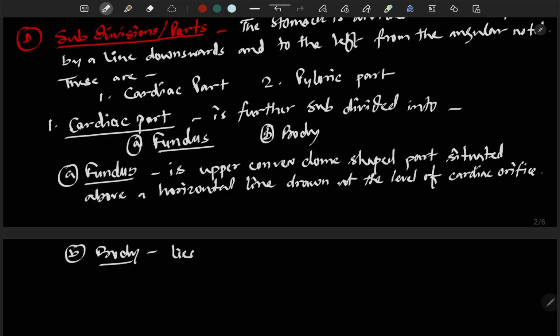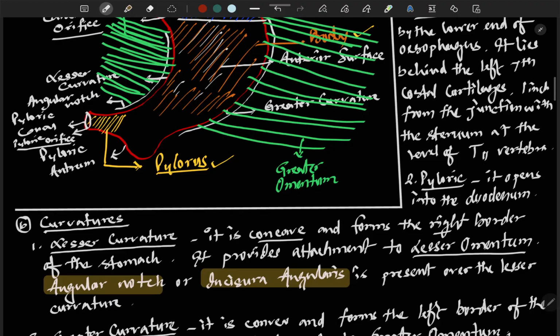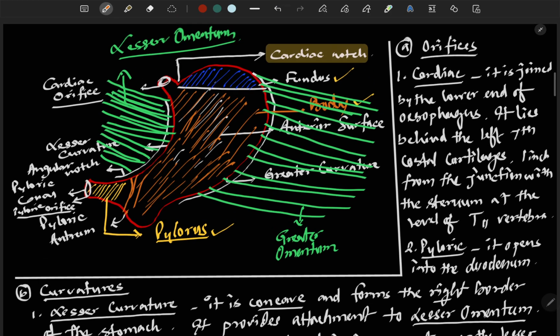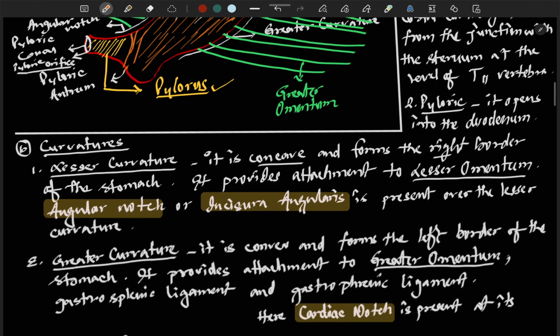The body of stomach lies between the fundus and pyloric antrum. So from here to here is the body part. This is the pyloric antrum. So up to here is the body. This orange denotes the body. This blue denotes the fundus part. Okay.